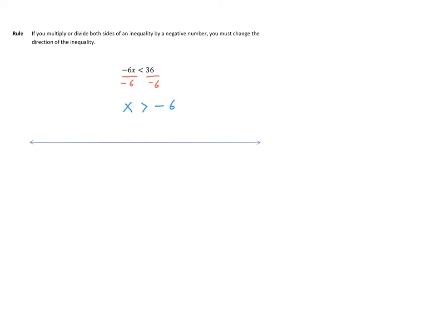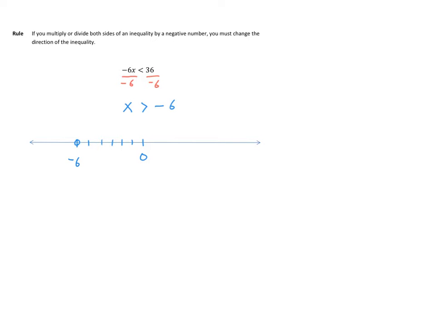One approach you could take is by marking, well, let's say this is 0, and then 1, 2, 3, 4, 5, this is the location of -6. I'll put an open circle here, and the answer is either going to be everything on this side or on this side. So you could check a number, plug it back into the original expression, and see if it makes it true or not.